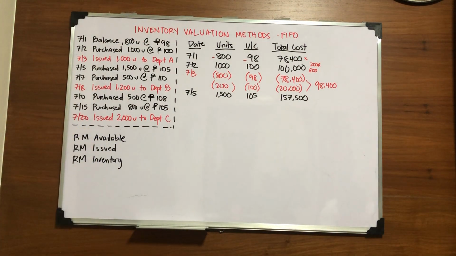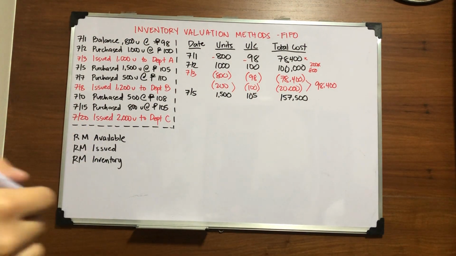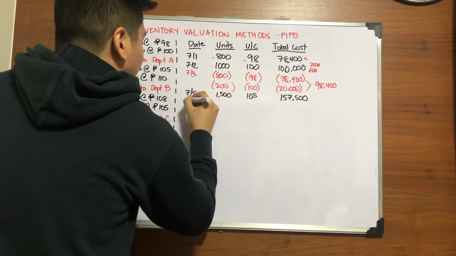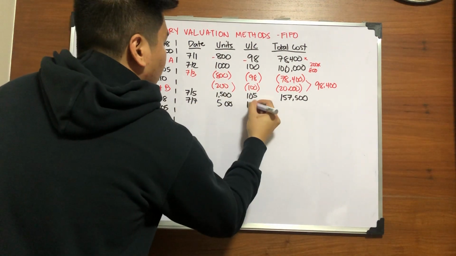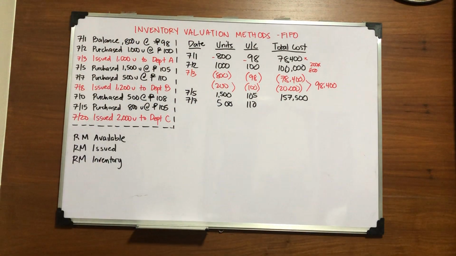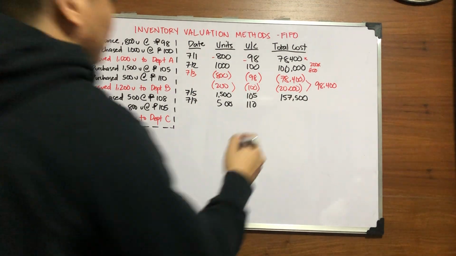Next transaction, again a purchase, for 500 units at 110 per unit. That would give me 500 times 110, which is 55,000.